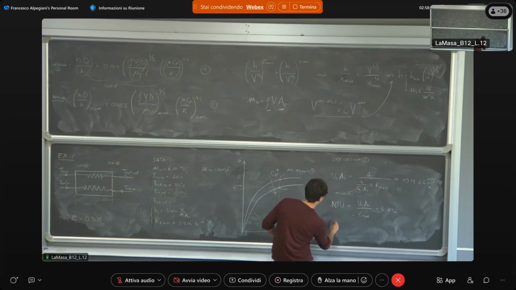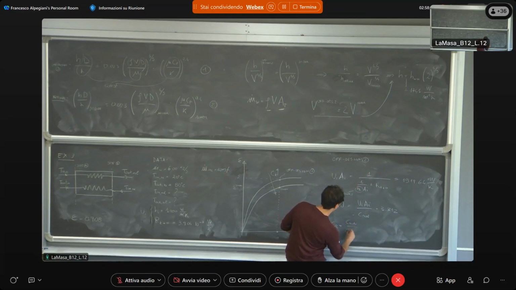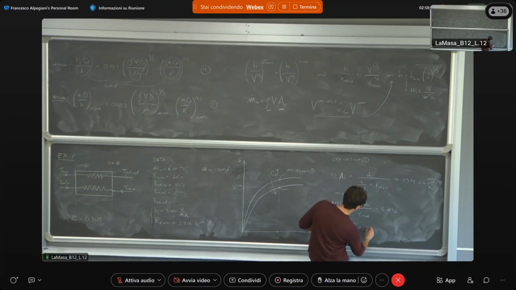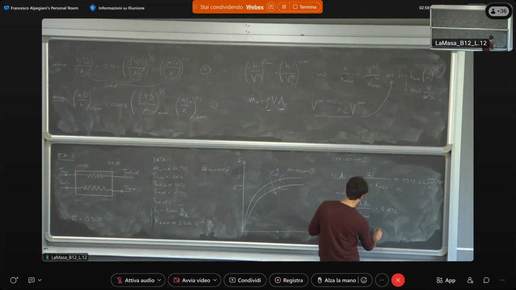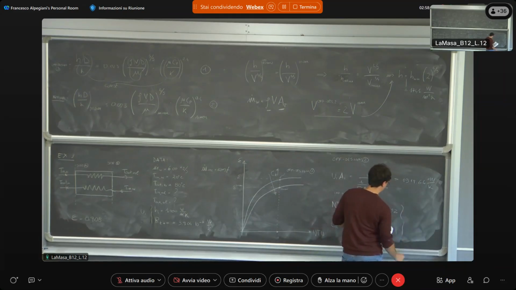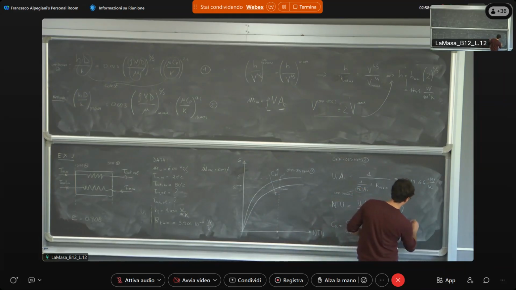CR is the same, it is Cmin over Cmax, and is the same as in the off-design 1, so 0.2308. So with the formula, you can evaluate the new effectiveness, which is 0.939.